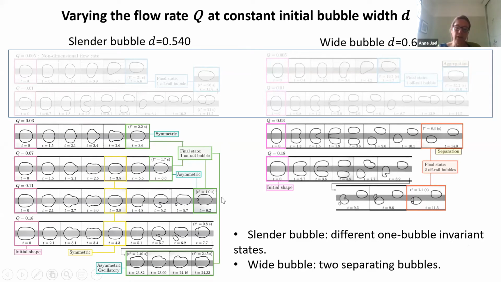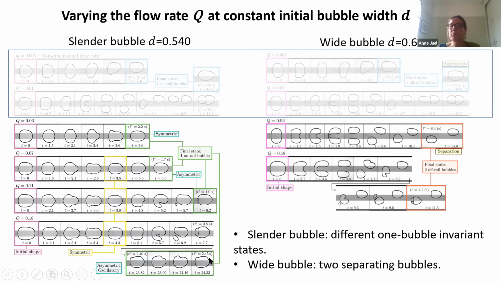And in that case, what we see is that for the slender bubble, we actually go through essentially relatively simple evolutions. And we end up with bubbles that are either simple or compound, but which follow the available on-rail steady states in that system as the flow rate increases.